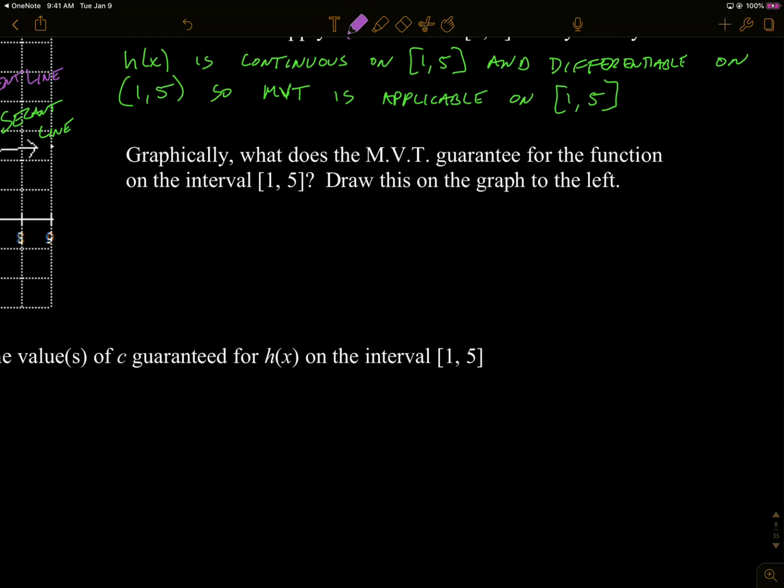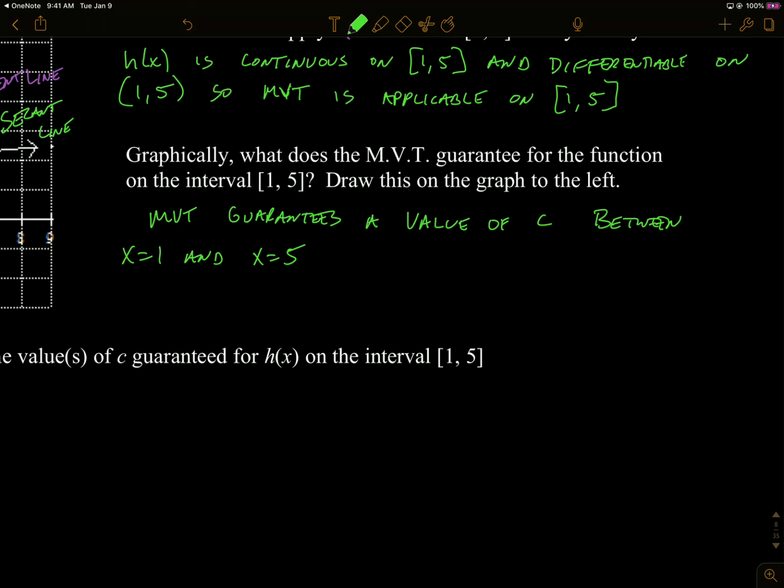So what we want to say here is that the mean value theorem guarantees a value of c between x equals 1 and x equals 5.